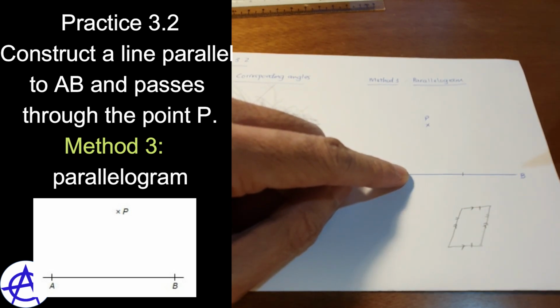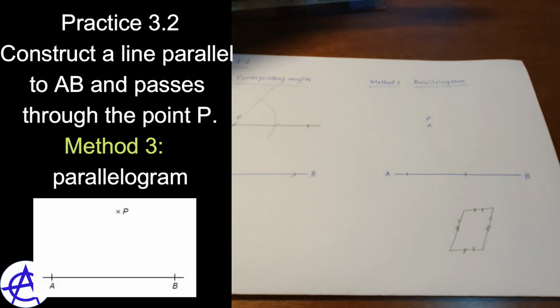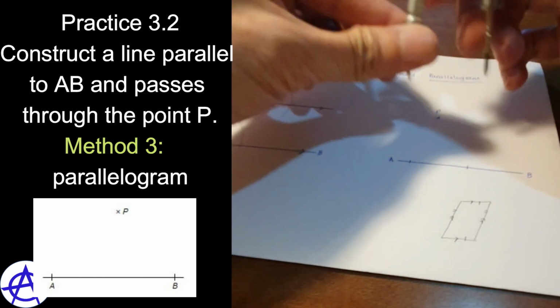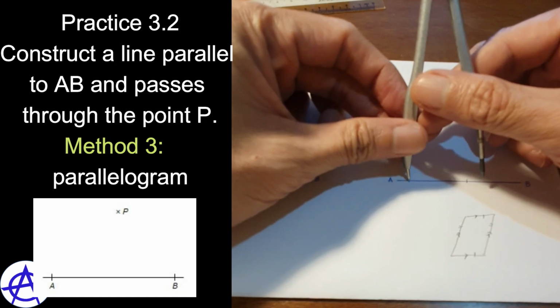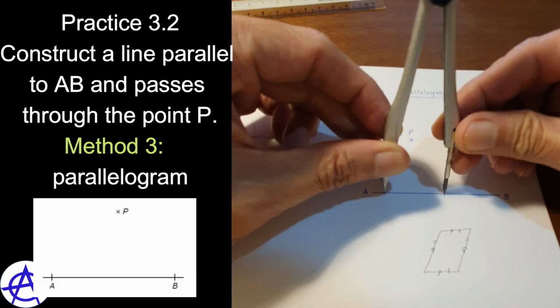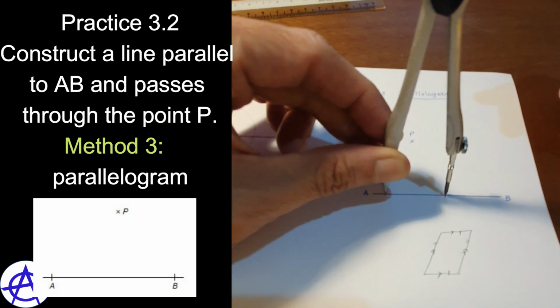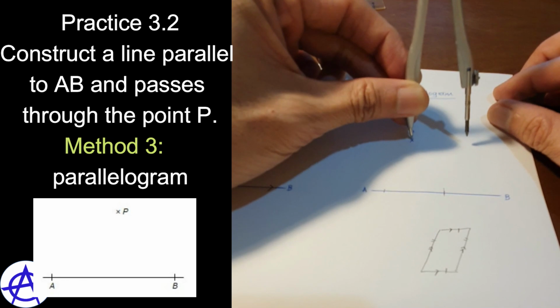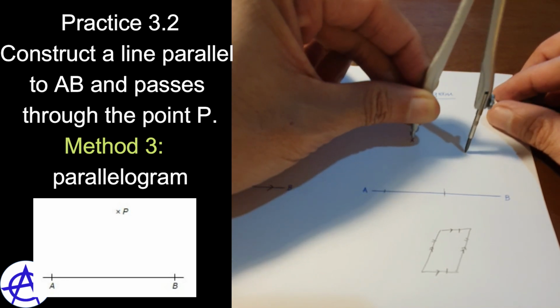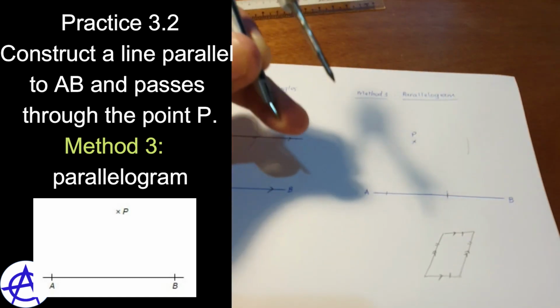How am I going to construct this parallelogram? Because opposite sides are equal, I just need to measure the distance here, and then I move over to point P. So this one is equal in length.